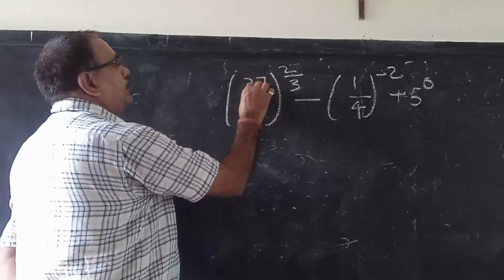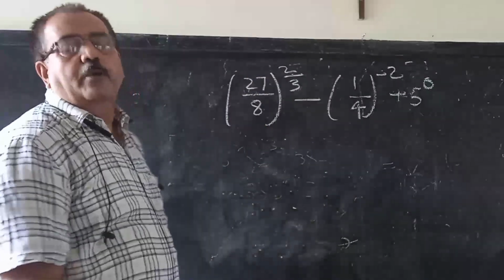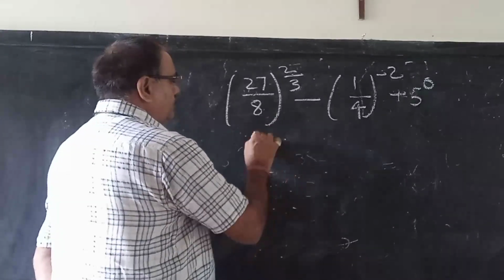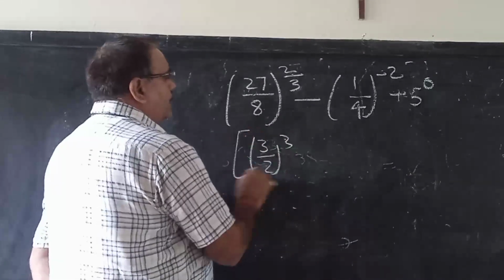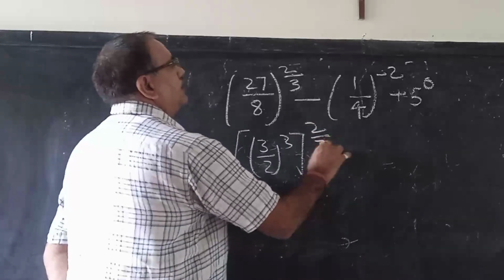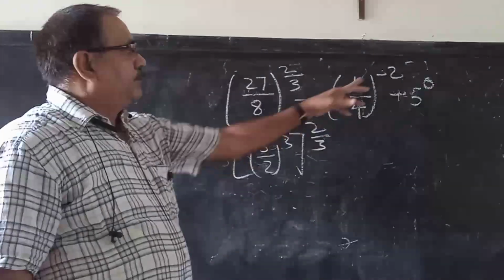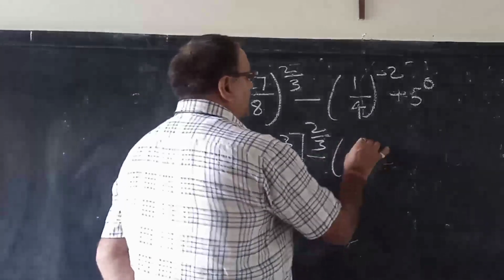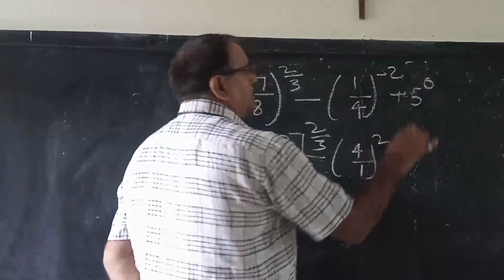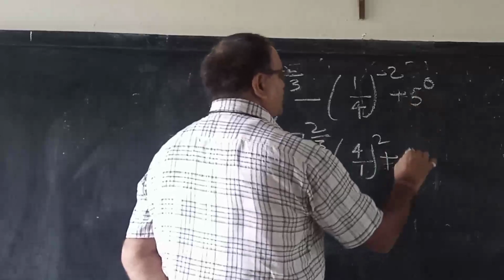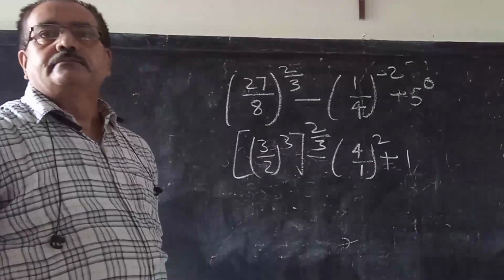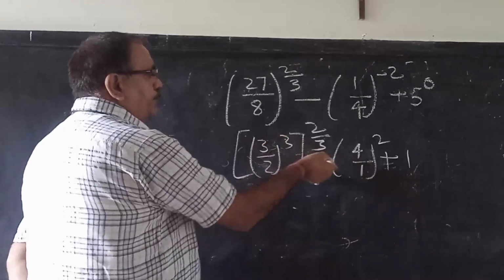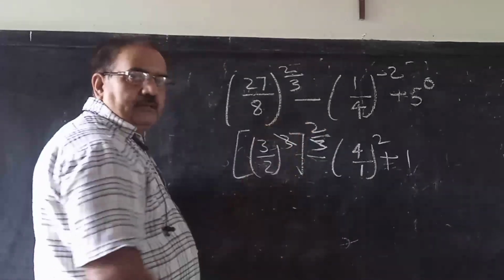So write 27 as a power of the prime number 3, and 8 as 2 cubed, and their power 2 by 3. This power is negative, so first change it to positive. So reverse the order, 4 by 1, and 5 to the power 0 we can write as 1. So now use the power law, then these 3 will be cancelled.